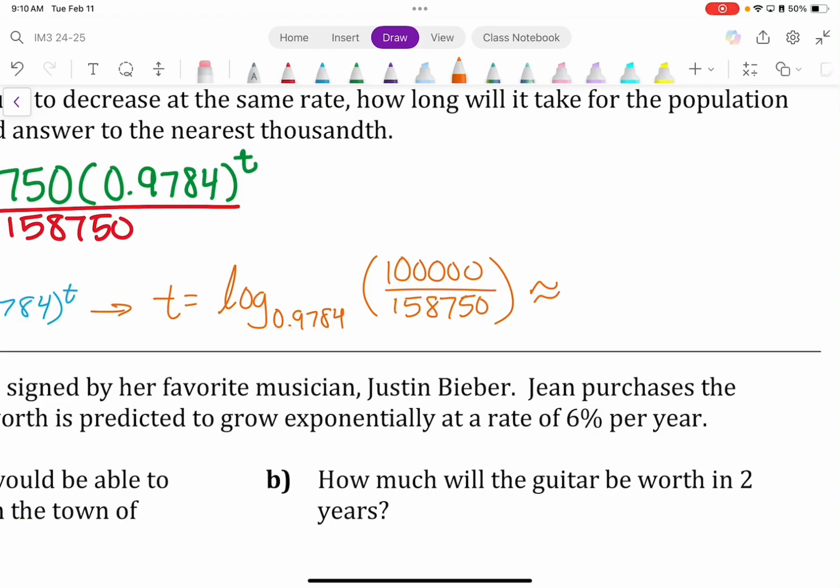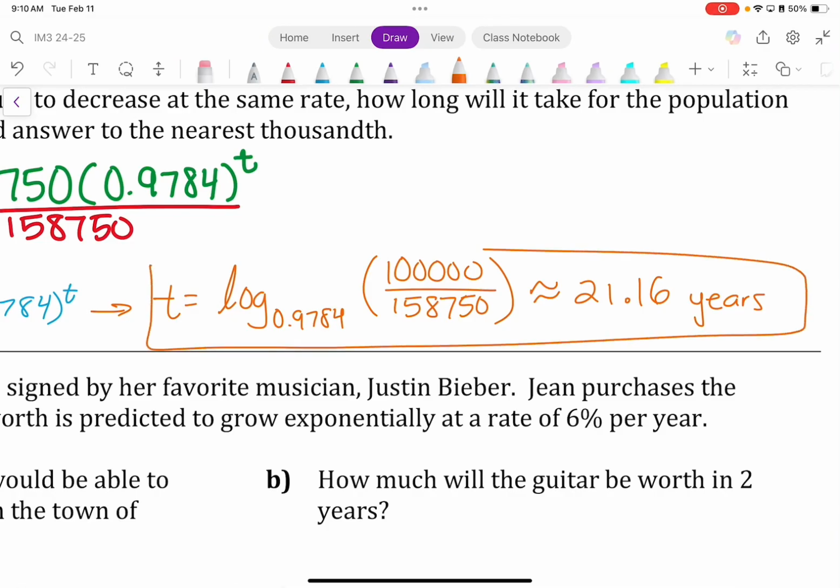Sophia? 21.16 is correct. So 21.16 years is approximately how long it would take to get a population of 100,000. If you got something different than 21.16, double check that your operations are correct. Maybe you missed a 0 or something.